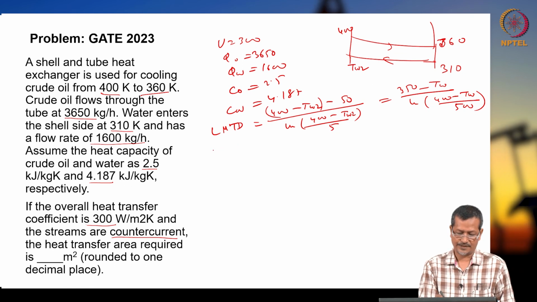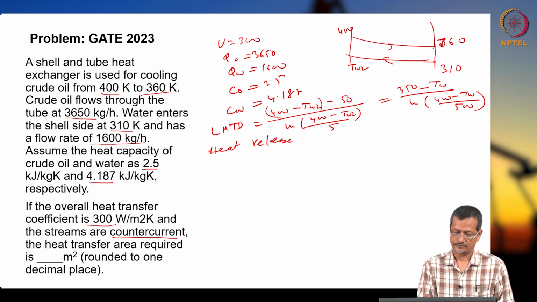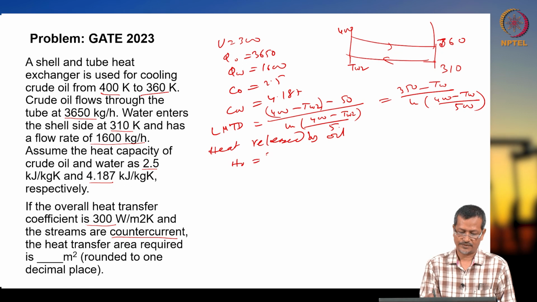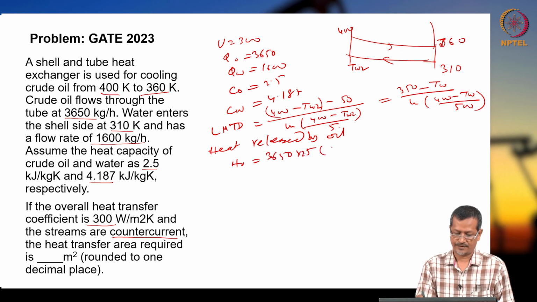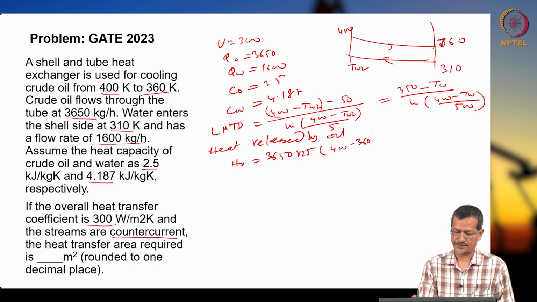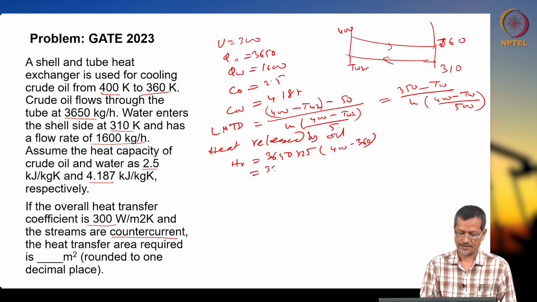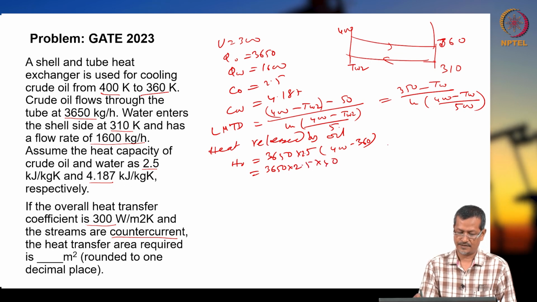So heat released by oil, HO equals 3650 into 2.5 into 400 minus 360, equals 3650 into 2.5 into 40.